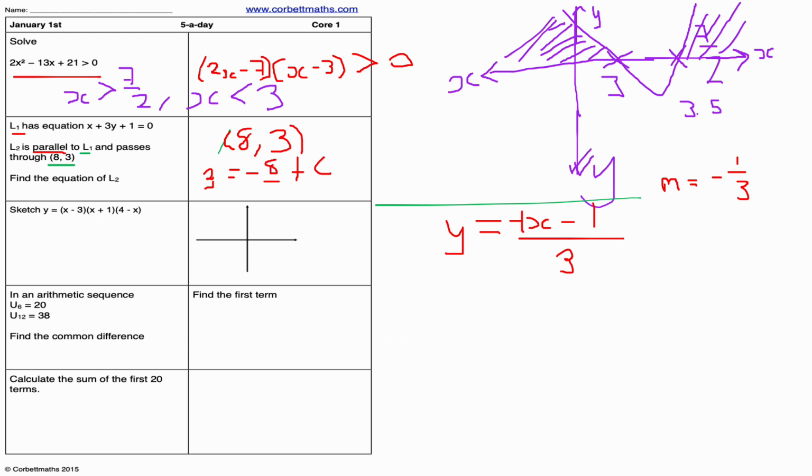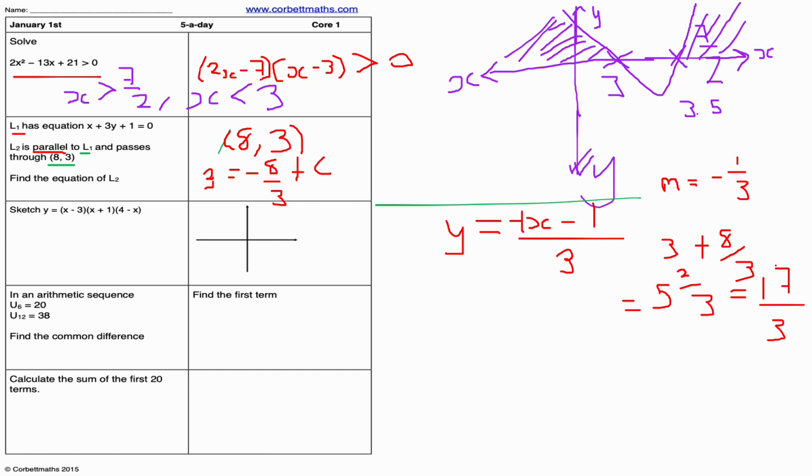And then adding 8/3 to both sides, so 3 plus 8/3. Well, 8/3 is the same as 2 2/3. So 2 2/3 plus 3 is equal to 5 2/3, or as a top-heavy fraction, 17/3.